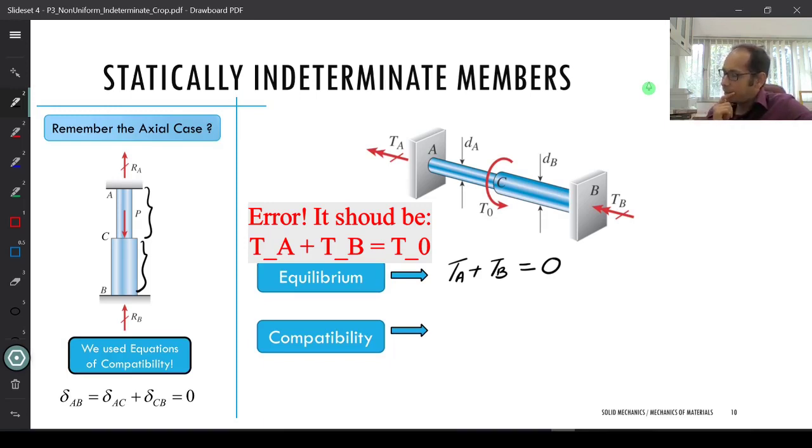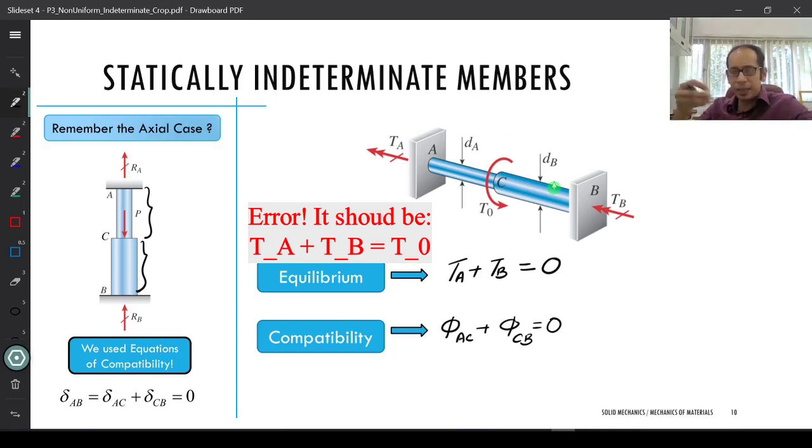The compatibility is that your phi of AC plus phi of CB, the total angle of twist between A and B, equals 0 because those two ends are clamped, right? So we have phi of AC plus phi of CB equals 0.